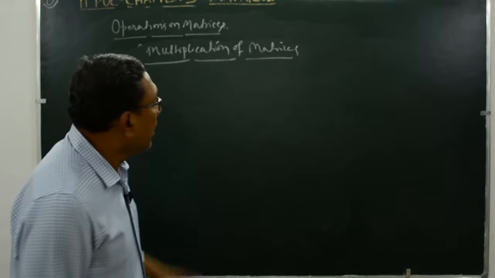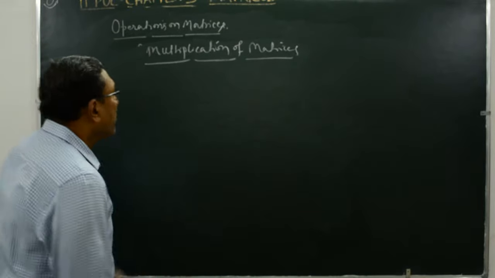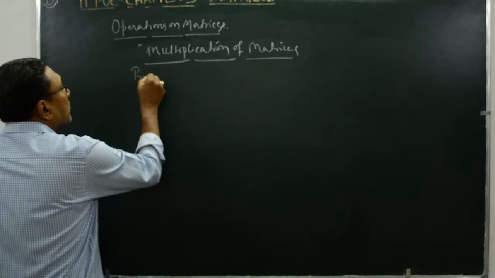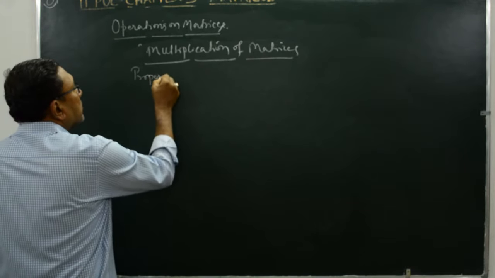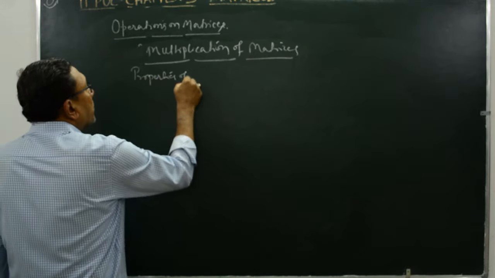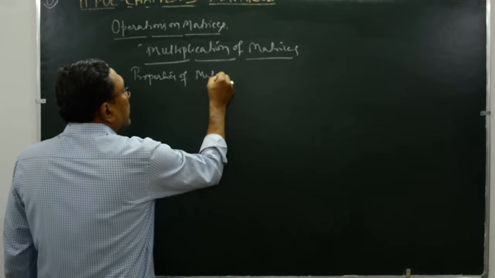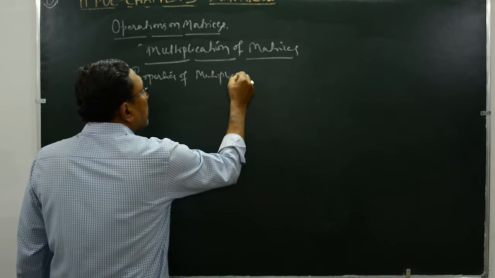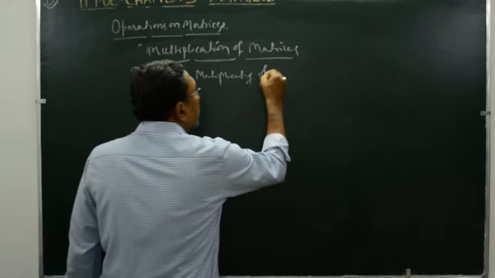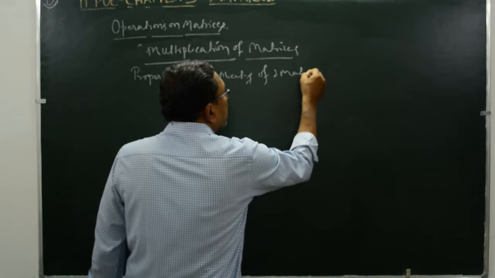We will also study the properties of multiplication of two matrices. Same as in addition of two matrices, we have three properties which hold good for multiplication of two matrices.